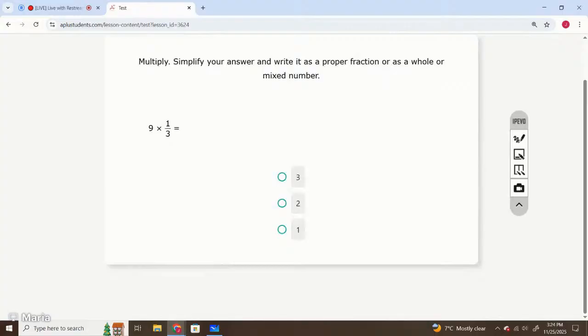9 times 1 by 3. So, which is the correct option? You need to count a table of 3 until 9.